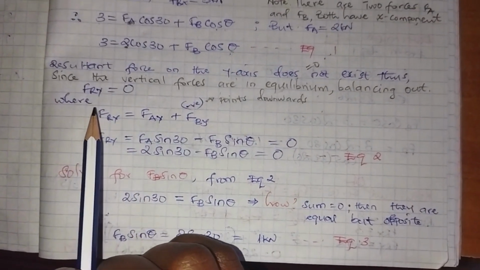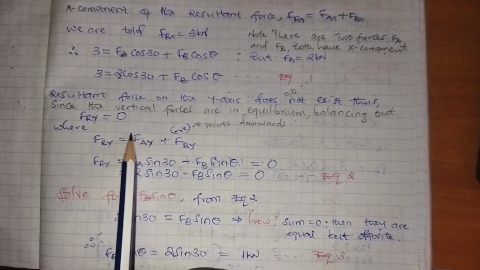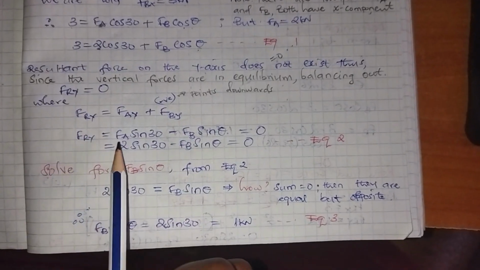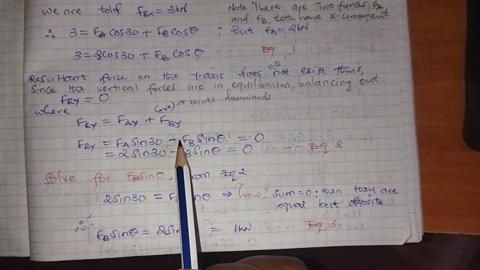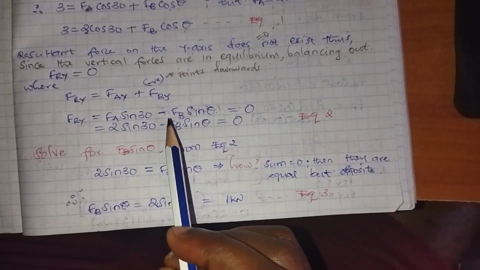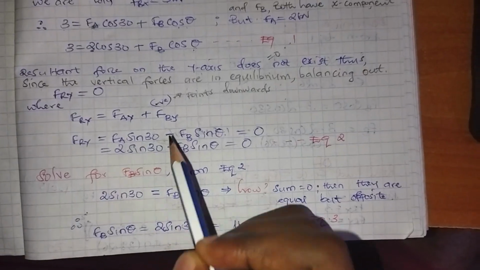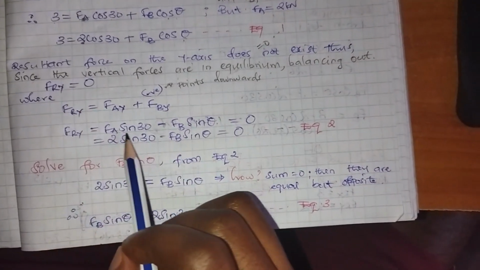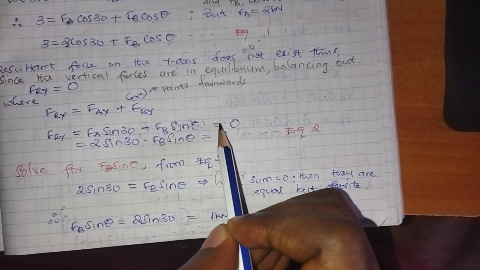We say that the sum of the y forces, which is given by the sum of the respective y components of those forces, is 0. So that is why the effect of the direction is now being felt here. We are summing the y components, which are given by sine and sine, and we equate that to 0.